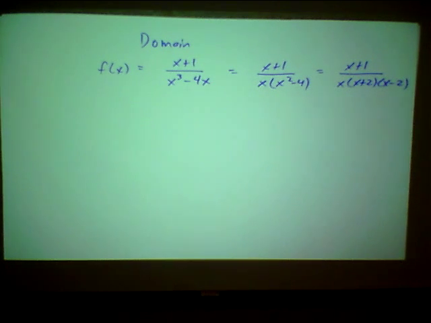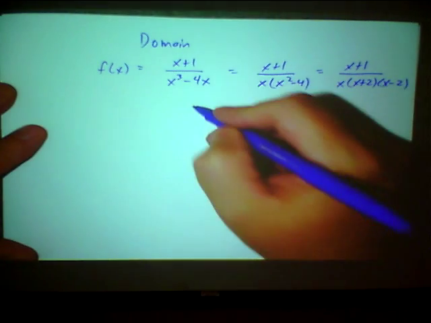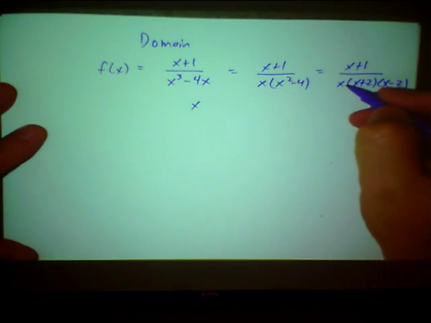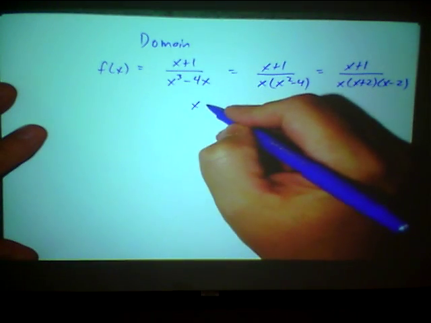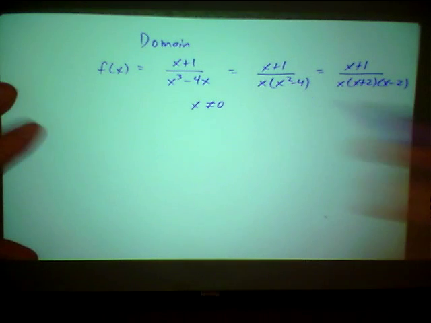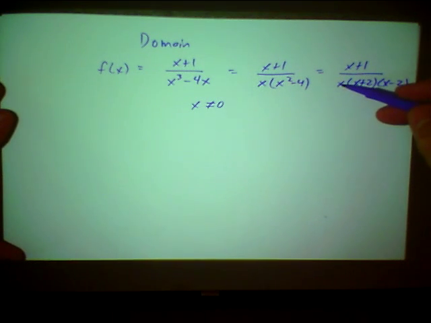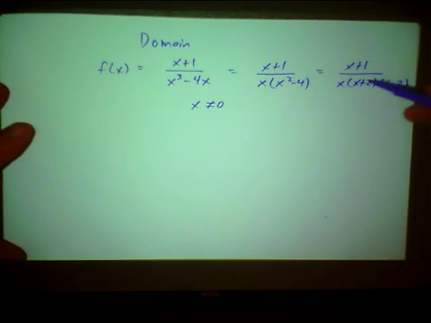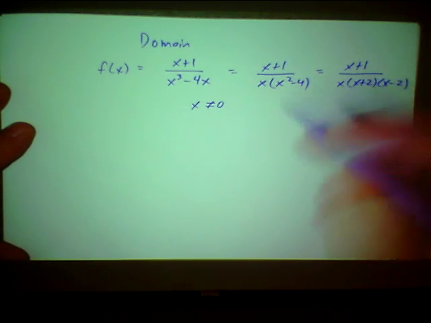So my concern is what value of x would cause any one of those factors to be equal to 0? Well, I know for the first factor, it's x, therefore I know x cannot be 0. Because if x is 0, this factor of x equals 0, and then I've got my denominator equal to 0, which I can't have. The second factor is x plus 2.